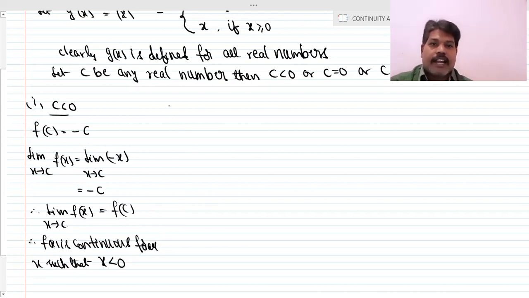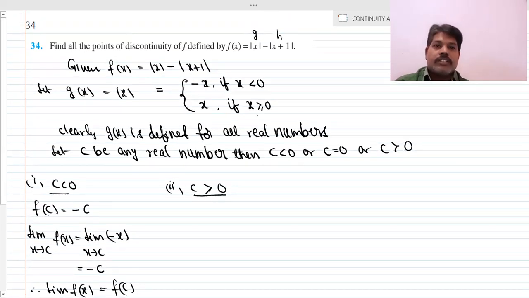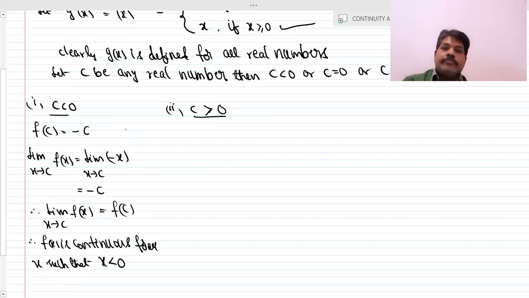Then I will take the second case. What is the second case, students? If C is greater than 0, in this case what happens? For C greater than 0, f of C is actually g of C. It is the g actually, not f, so take this correction here, students.